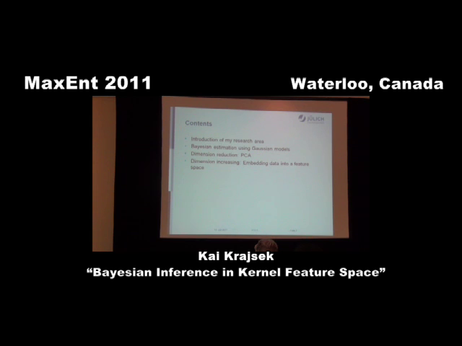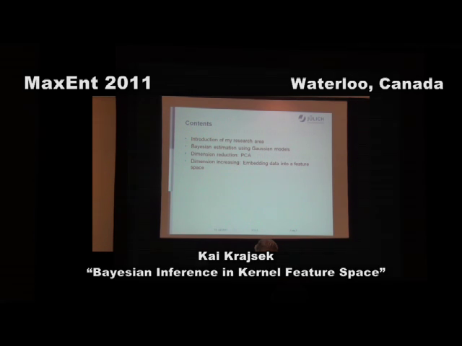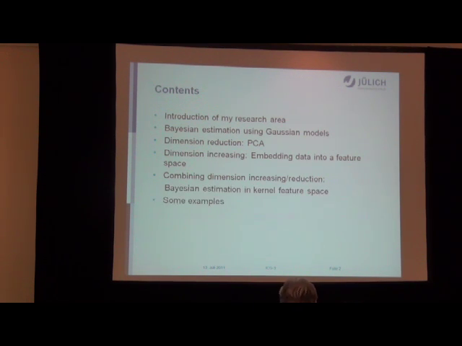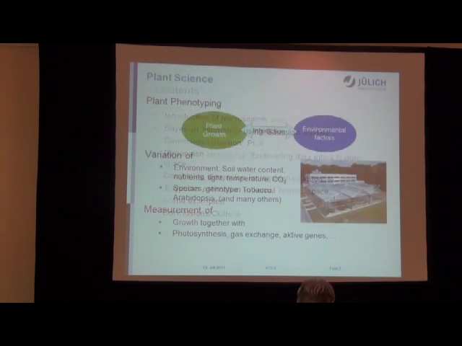Then I go into some dimension increasing techniques, meaning embedding some data into a higher dimensional feature space. And then I come to our approach, which is a combination of some dimension reduction and increasing step, Bayesian estimation in common feature space, and I end up with some examples and conclusion.